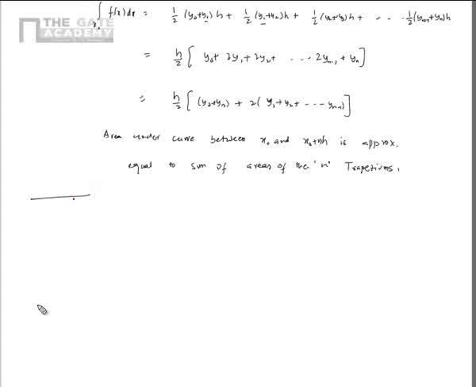Okay, so Simpson 1/3 rule. Here the idea is basically to take the curve not as a straight line but as a parabola, taking the curve through x0 y0, x1 y1 and x2 y2.